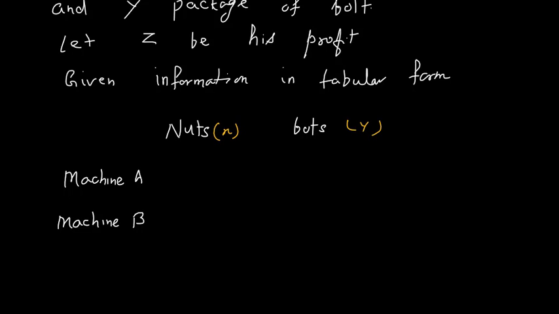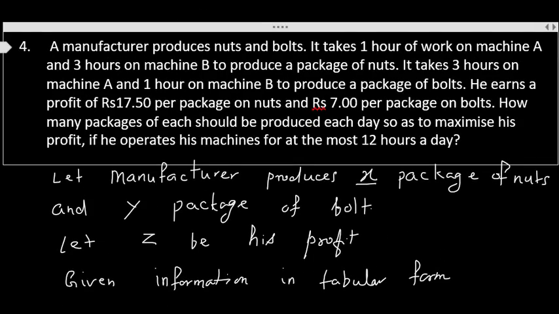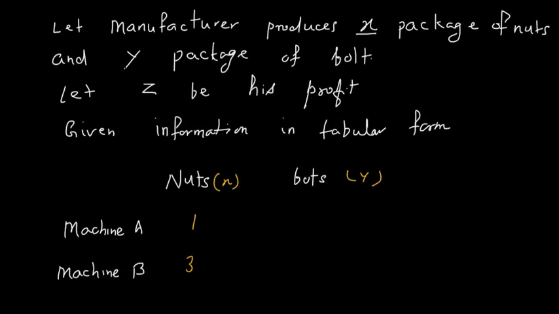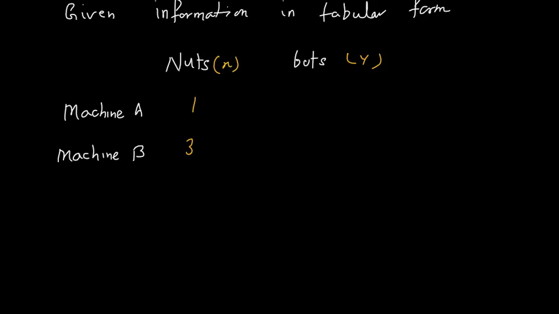So on machine A, to produce nuts it takes 1 hour on machine A and 3 hours on machine B to produce one package of nuts, and it takes 3 hours on machine A and 1 hour on machine B to produce one package of bolt.